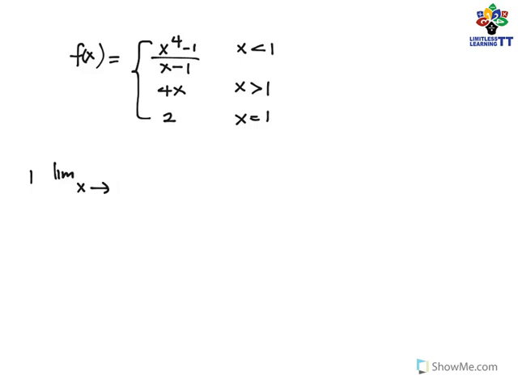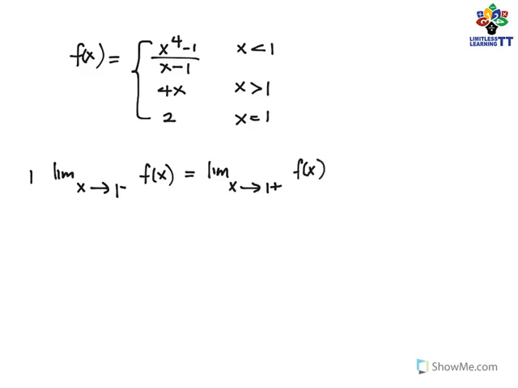The limit as x approaches 1 from the left of f of x has to exist, and that also has to be equal to the limit as x approaches 1 from the right of f of x.